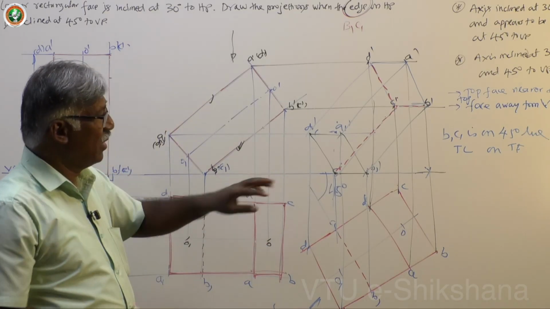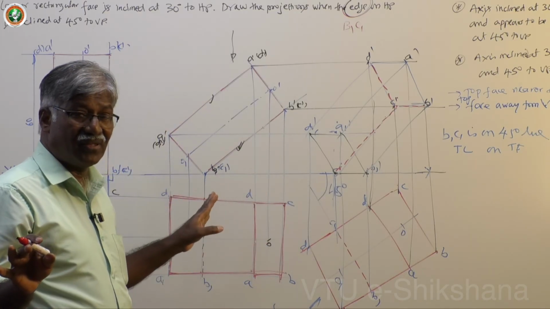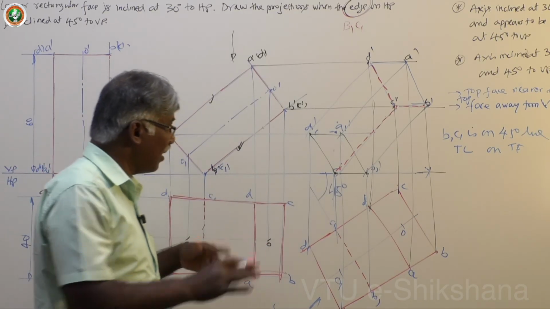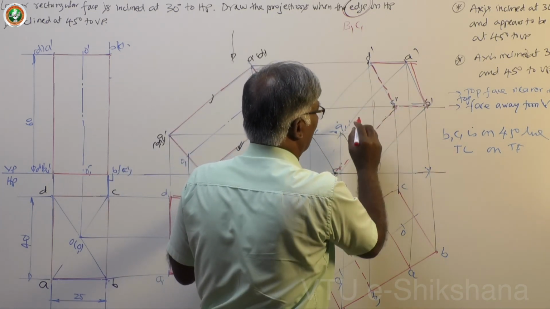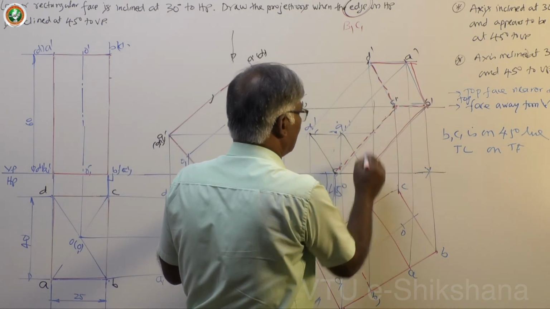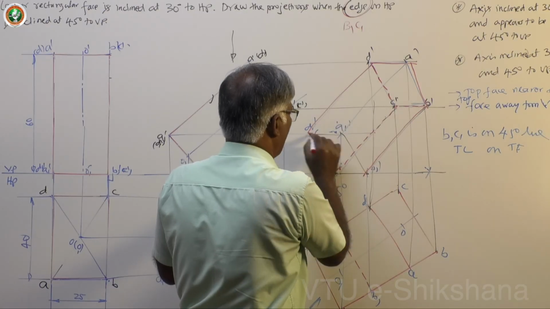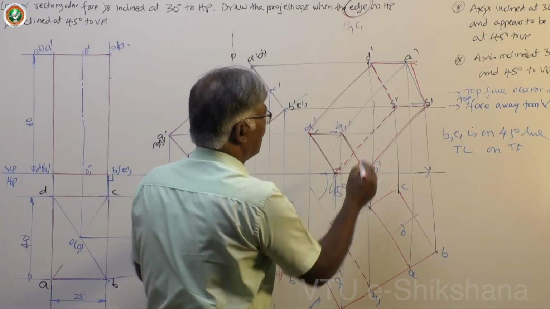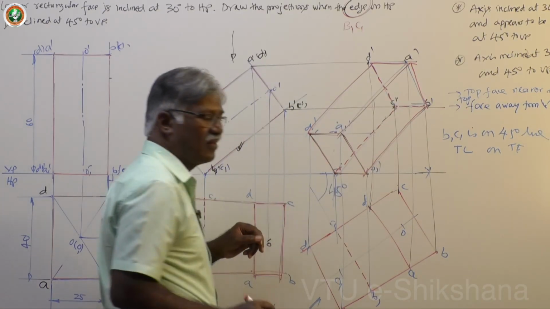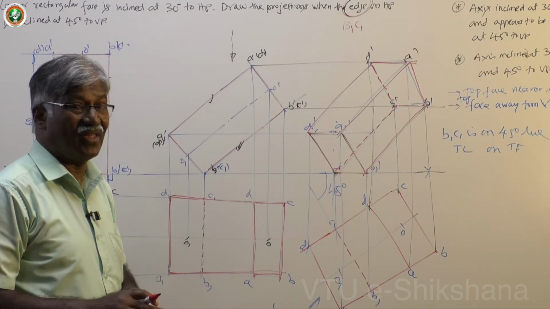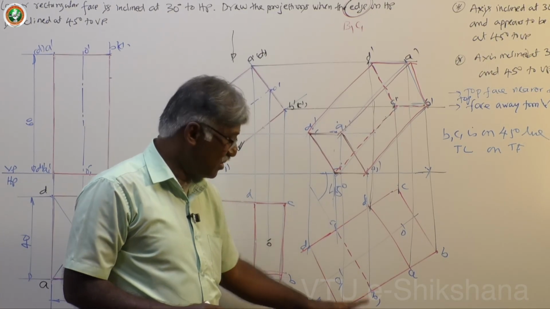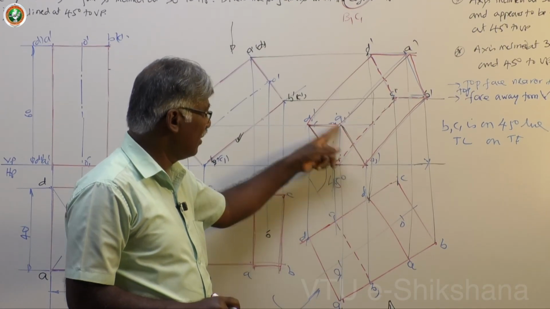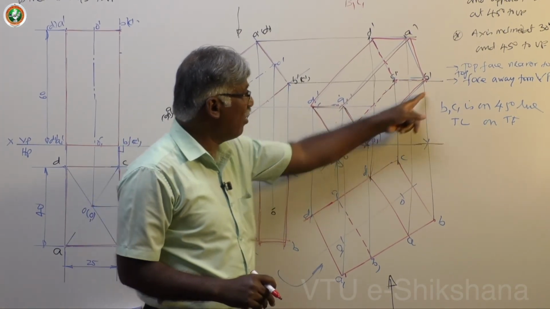That's all. Rest of the lines, edges are all dark, completely dark. You can cross check with the key surface method. This is the nearest key surface. Yes, base is visible. Okay. Then boundary line is dark.